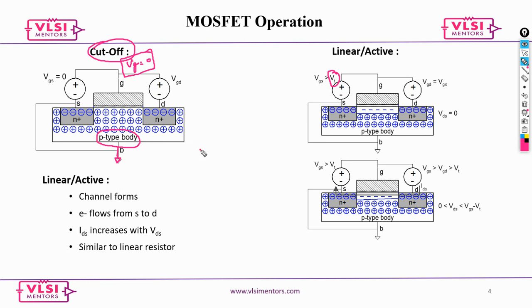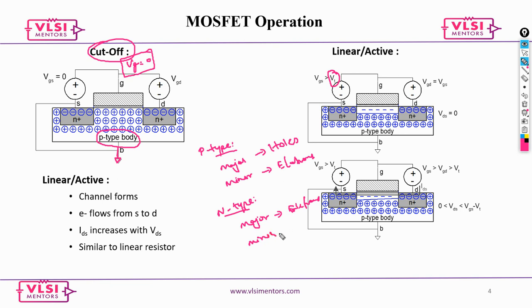When you say p-type material, what is the major carrier? Holes are the major ones, and electrons are the minor ones. In case of n-type, electrons are major, and holes are minor.